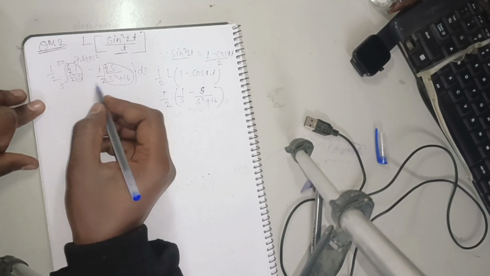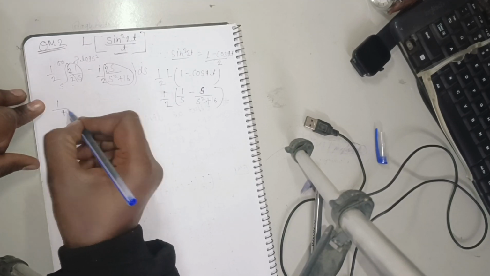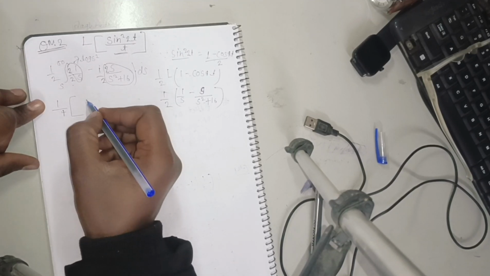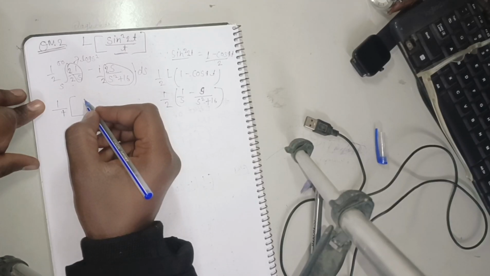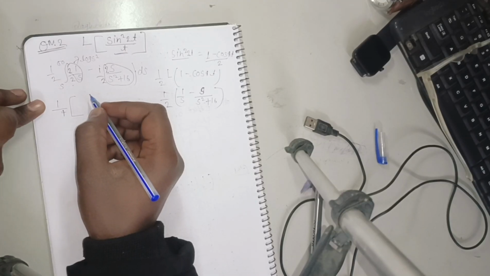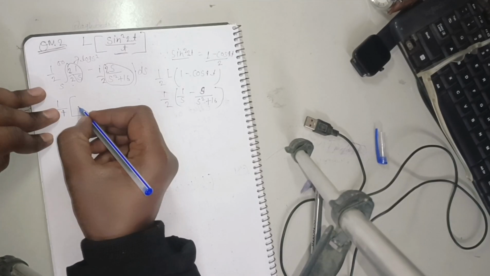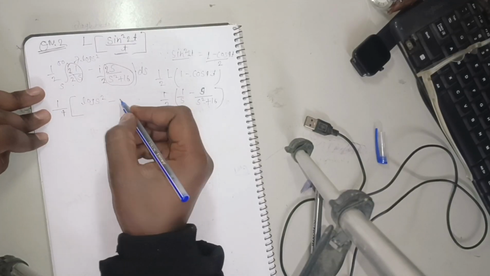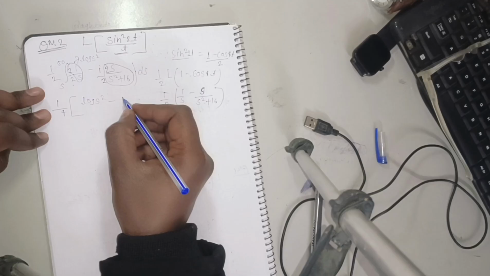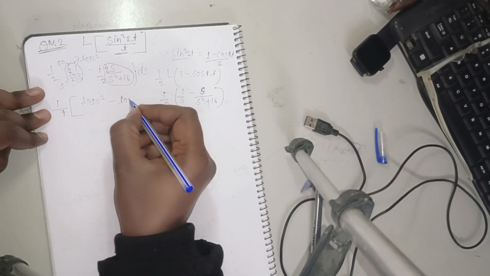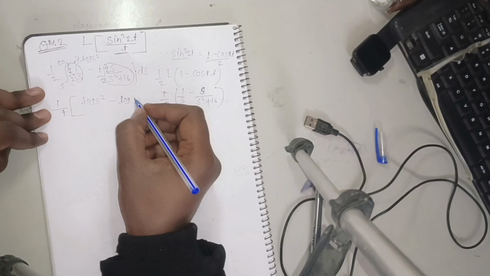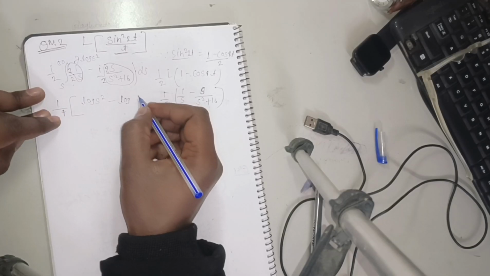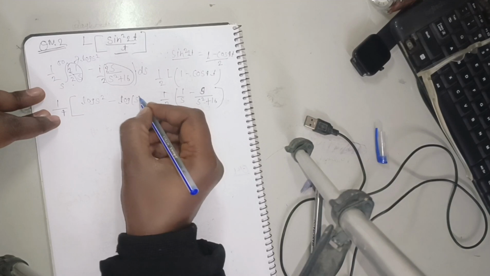So 1 upon 2, 1 upon 2 I have taken common, so 1 by 4 here, and 1 upon 4 here will be log of s square. So I can simply write log of s square minus 1 upon 2. 1 upon 2 I have taken common, so log of s square plus 16, log of s square plus 16 only.